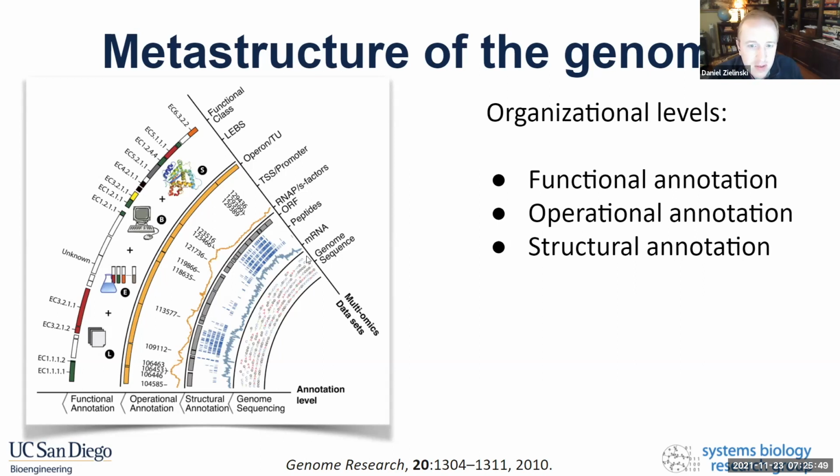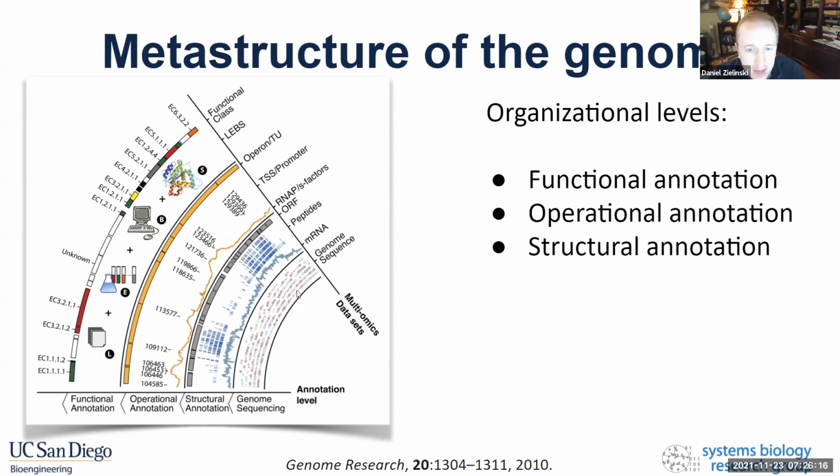Maybe we have some sequence variants, but we can also get a whole bunch of other genomic data. For example, RNA expression from RNA-seq. We can figure out where we can measure peptides. We can get transcription start site profiling. We can look at operon and transcription unit structure based on transcription start and transcription termination sites.